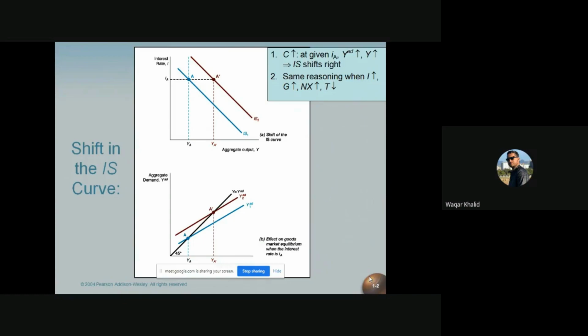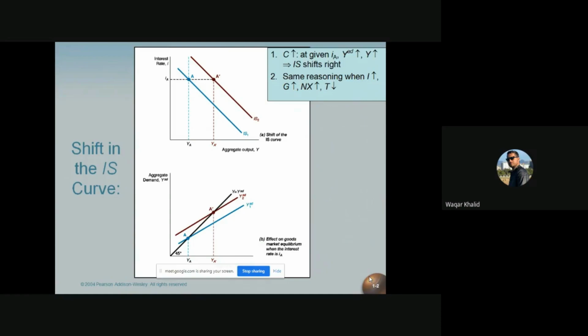And the second change is known as shift, where the IS curve or the ISLM curve completely changes its position, where the IS curve completely shifts from its original position to a new position, and the same is the case with the ISLM curve.